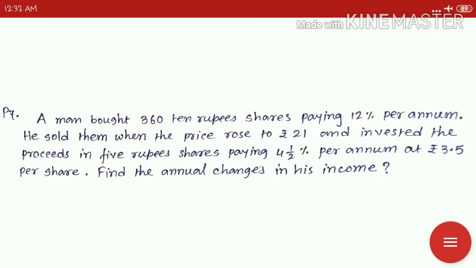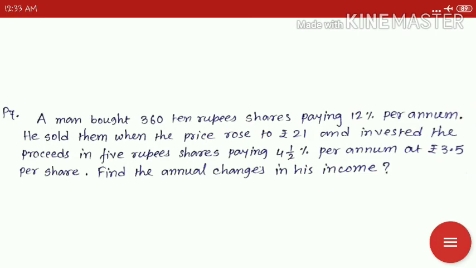So from the problem we can find the data as follows: 360 10 rupees shares, that means 360 is the number of shares, which have a face value of 10, paying 12% per annum, that is the rate of dividend. Now he has sold all 360 shares when the price rose to rupees 21, that means when the market price rose to 21.